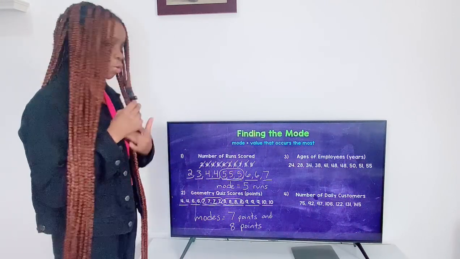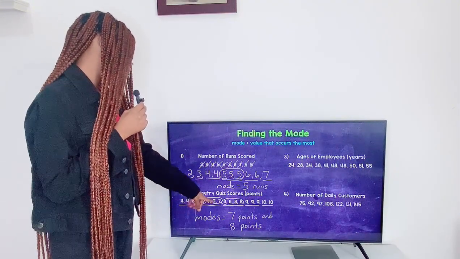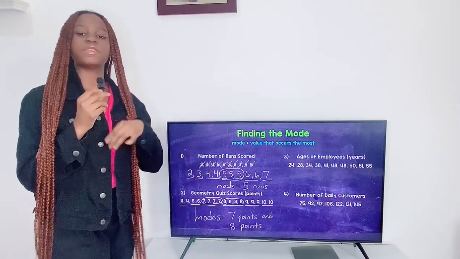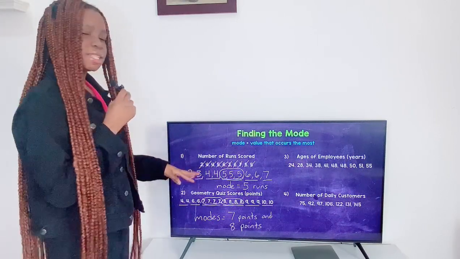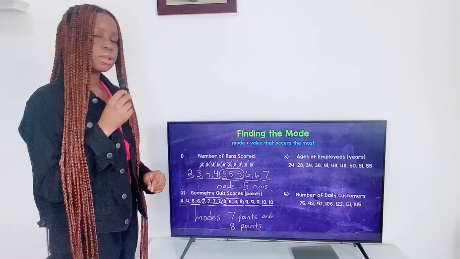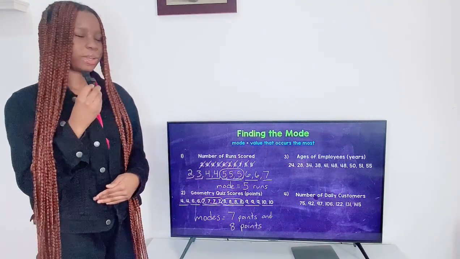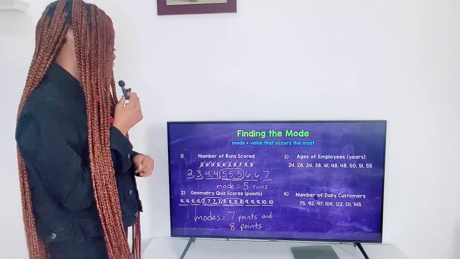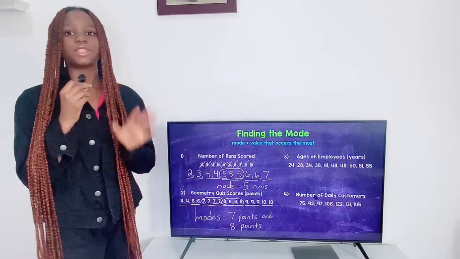How many times does 7 occur? Let's count: 1, 2, 3, 4. 7 occurred 4 times. Then we have 8, which also occurred 4 times. But let's keep going. Then we have 9, which occurred 3 times, and 10, which occurred twice.